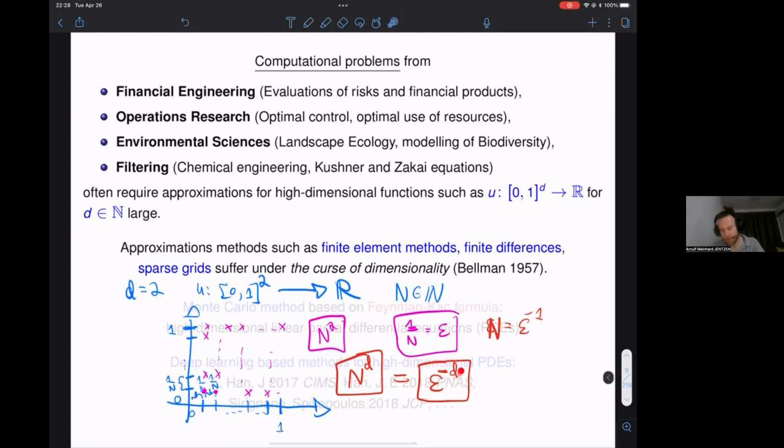So you see here the dimension grows exponentially in the exponent of the problem. And with such methods, if you think, for example, of a precision of 1 over 100, then you have 100 to the power d grid points, and with such methods, it's impossible to compute a reasonable approximation, even if all the fastest computers in the world are used together.